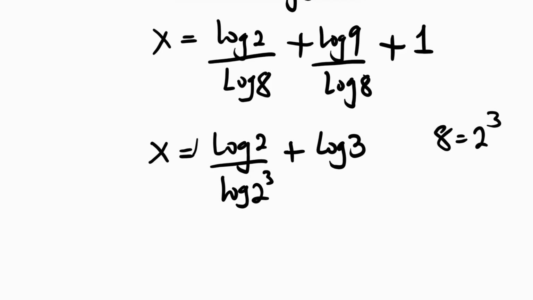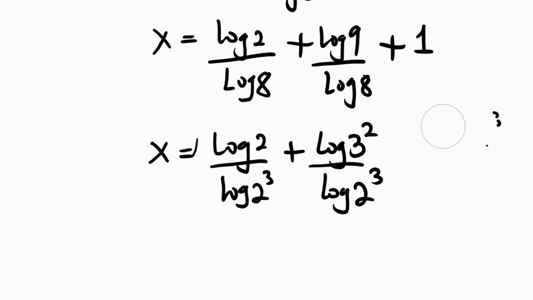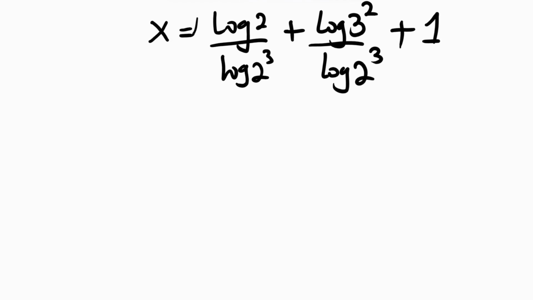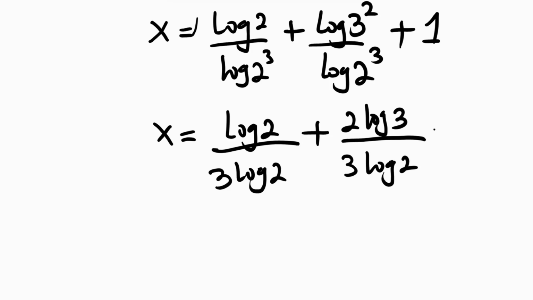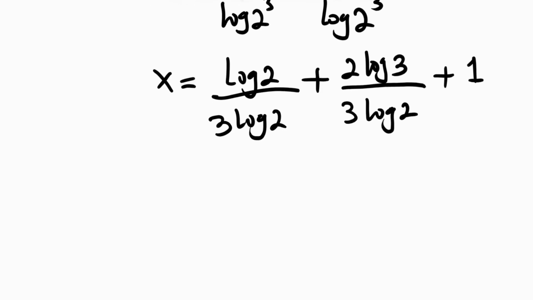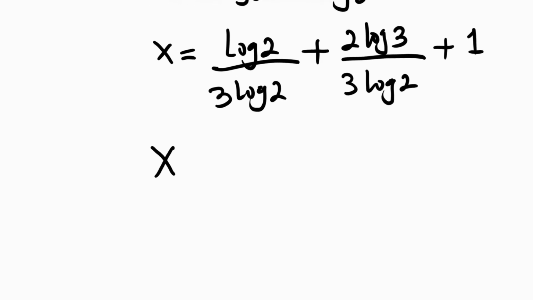So log of 3 raised to power 2 divided by log of 2 raised to power 3 plus 1. Okay, so our x now is equal to log of 2 divided by 3 log 2 plus 2 log 3 divided by 3 log 2 plus 1.